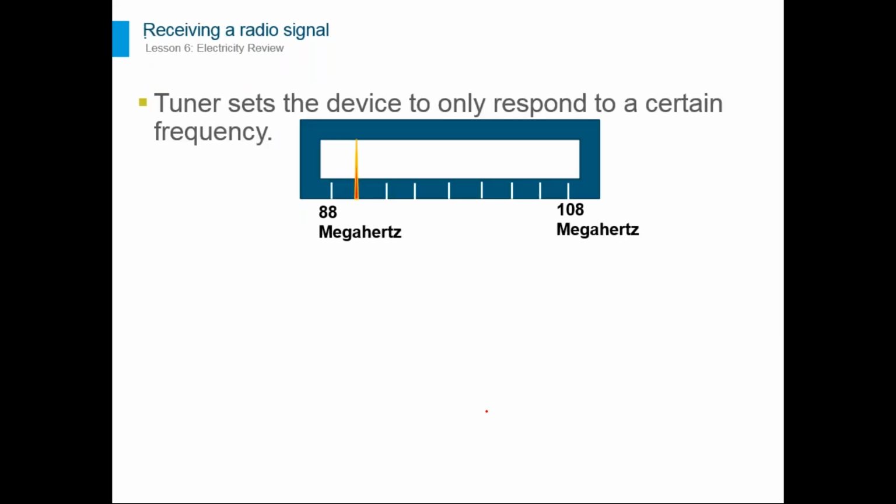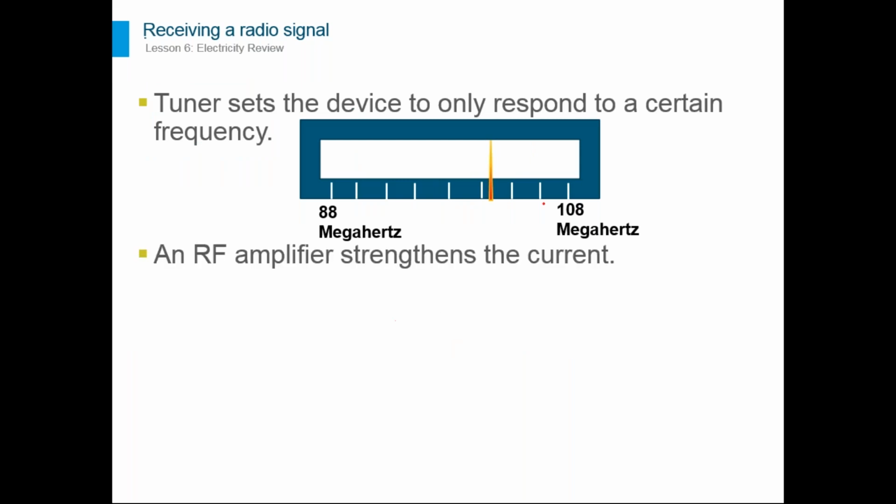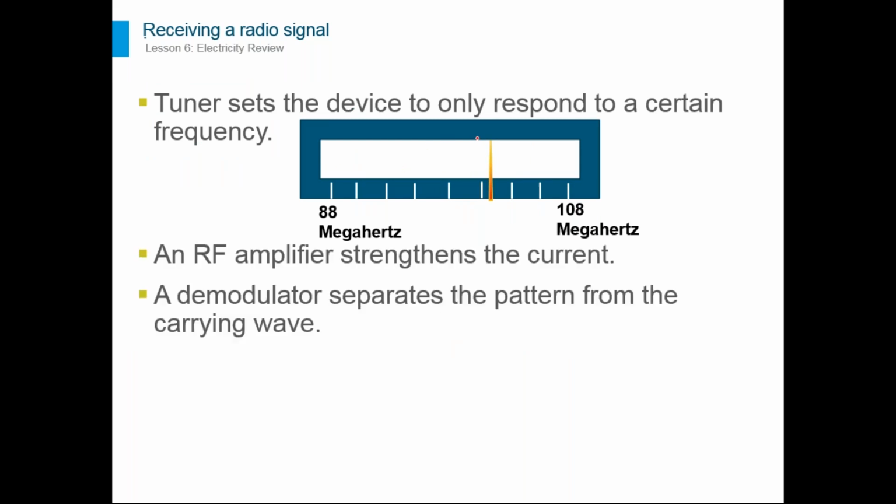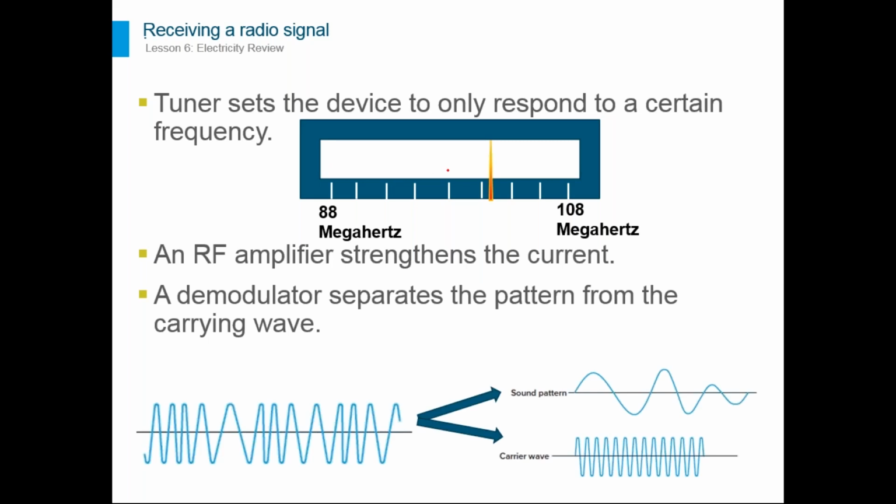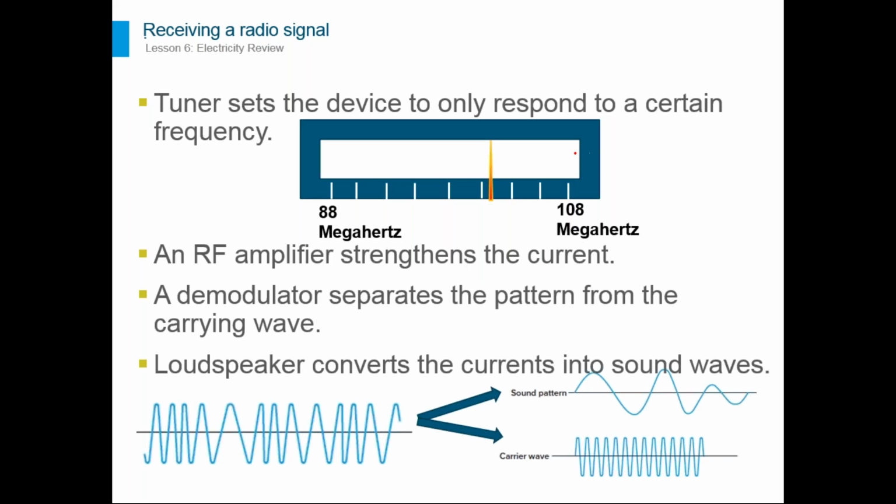And then to receive a radio signal, the tuner sets the device to only respond to a certain frequency. So if you have an older device that's analog, old car radios and old regular radios in your house, they've got these tuner displays where you move the needle up and down to be at the right frequency, and then you'll be able to hear the radio at that frequency.